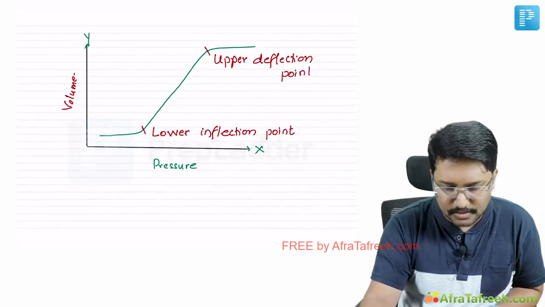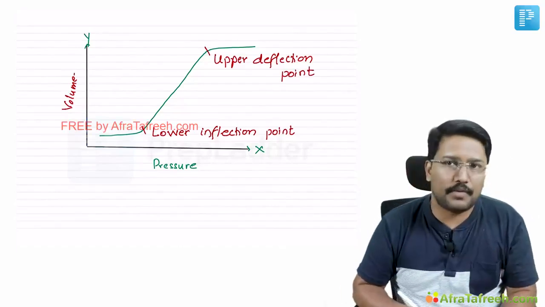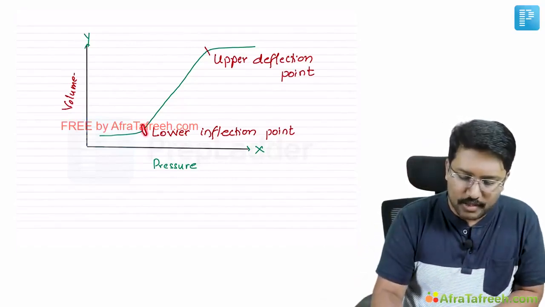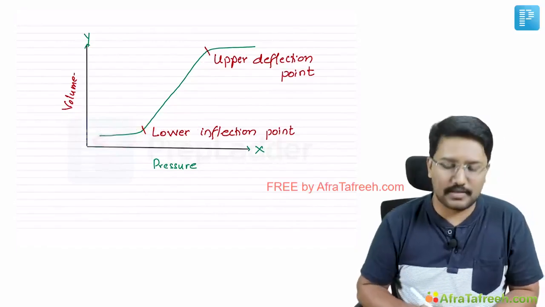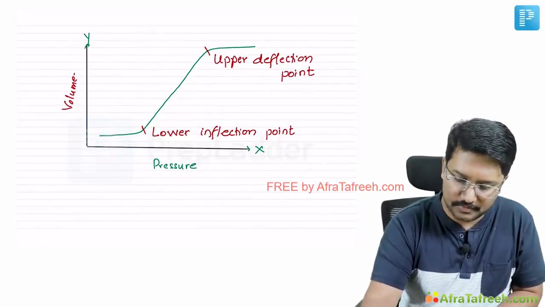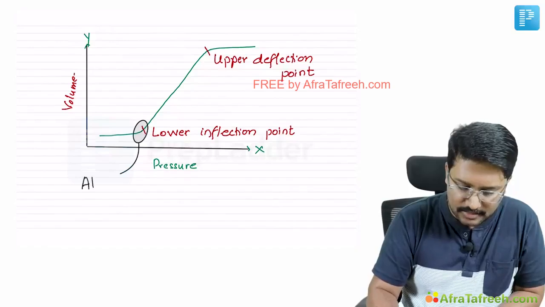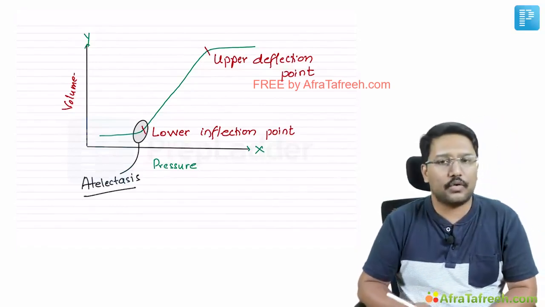Now the point here is, when you try to ventilate a patient, if the pressure inside the airway is lower than this lower deflection point, that means the volume inside the alveoli is going to be very low and the alveoli become vulnerable to collapse. When it is lower than the lower deflection point, atelectasis occurs.